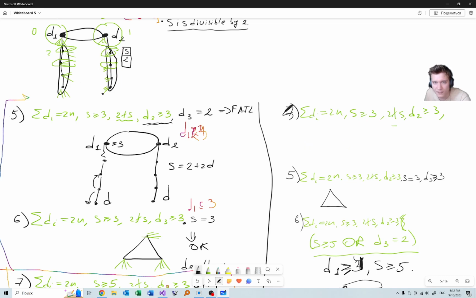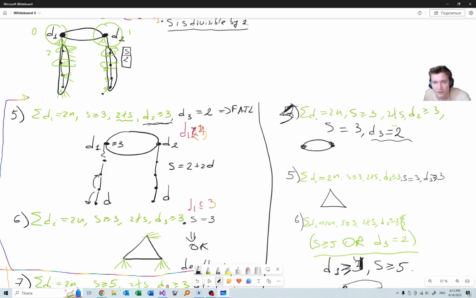So this is the 5th case. S equals 3 and d3 equals 2. Okay. So in this case, actually, this is a failure because we need to put the d3, the first and the second here.